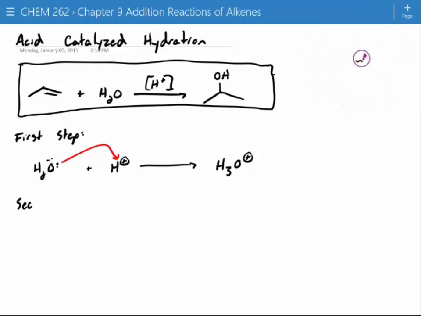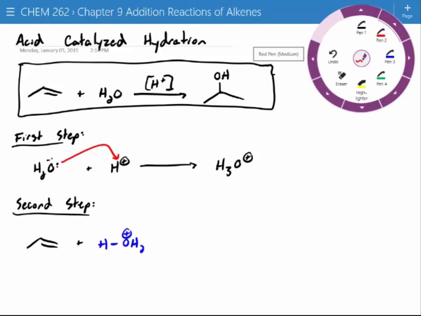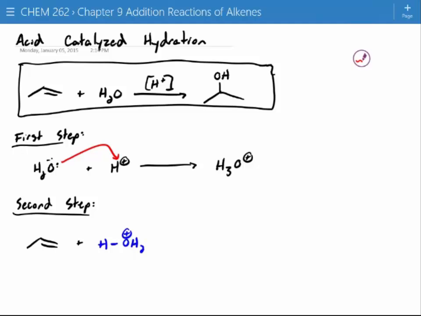All right, the second step is that we now have hydronium and our alkene. So we've got our alkene here, and I'm going to draw the hydronium in blue so we can see where the various pieces are going. It's just like with our acid, whether it's hydrobromic acid or hydronium, this double bond will come and attack the hydronium, kick off water.